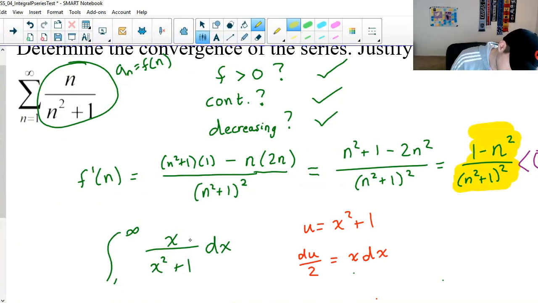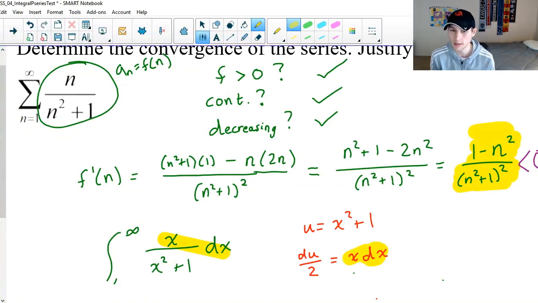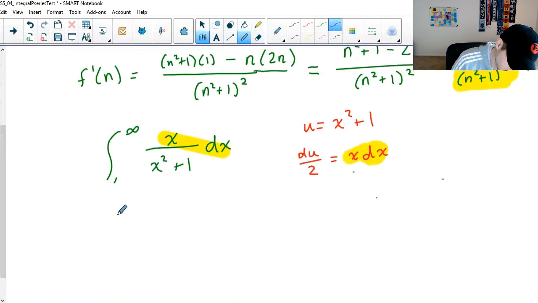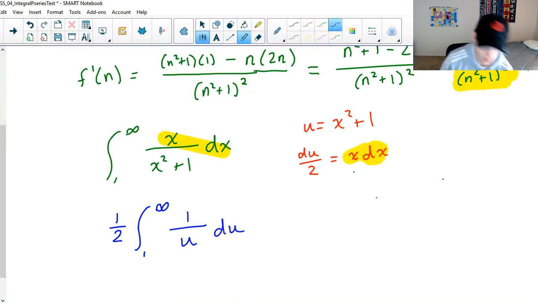So I can see I'll be able to make a nice substitution here because I have the x and the dx. So I'll substitute that for du over 2. And that just leaves me with 1 over u du.